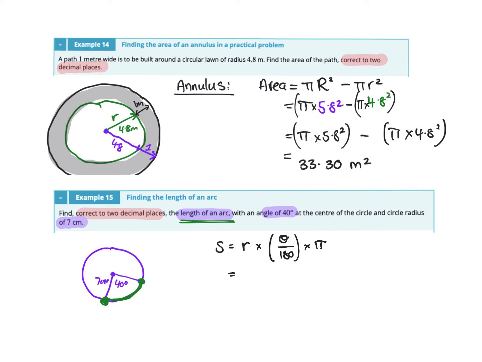So here you substitute in, you've got 7 times 40, because that's the angle, over 180 times pi. So plug that into your calculator. Okay, so it said 2 decimal places, so I get 4.89, and this is a length, so it's just centimetres. There we go.